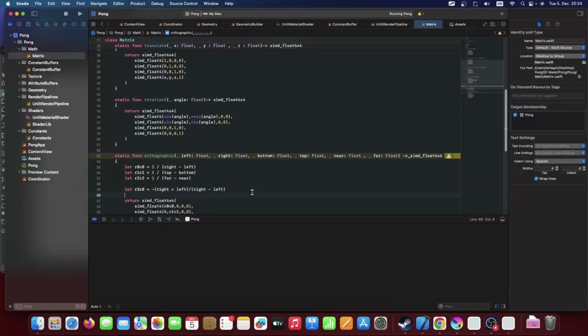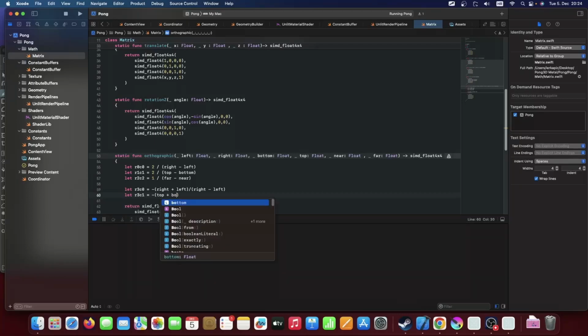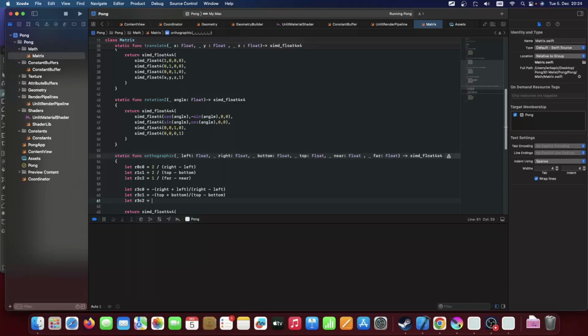Let's see. Then for y it's going to be very similar: minus top plus bottom over top minus bottom. And then for z it's a bit different, and I would encourage you to solve it yourself. It's different because we're mapping to 0 to 1, not minus 1 to 1.